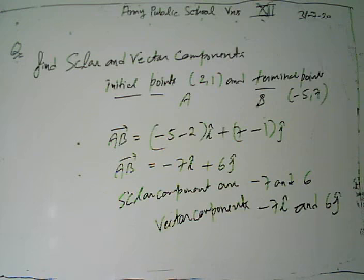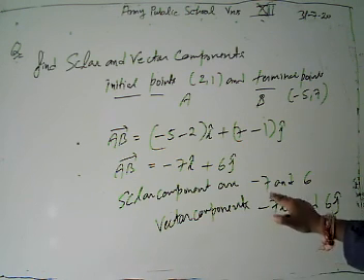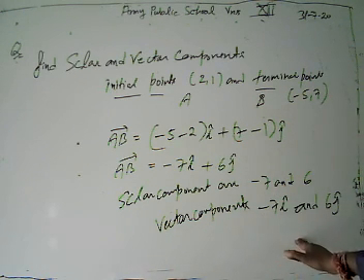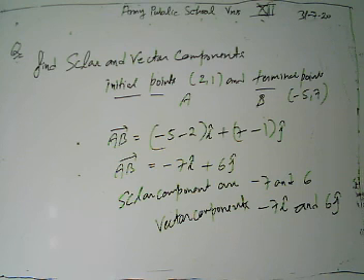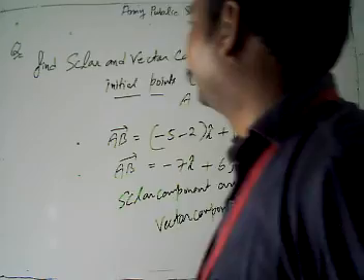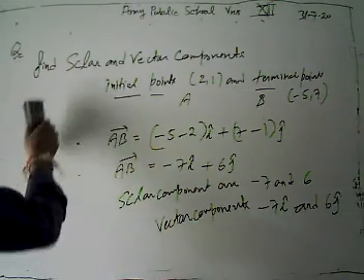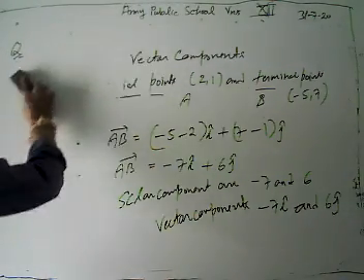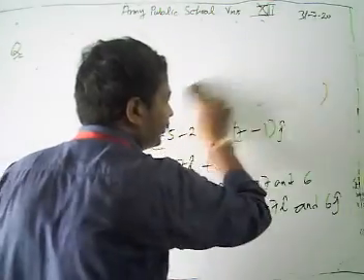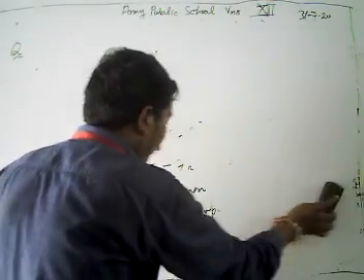We get our scalar components as -7 and 6, and our vector components as -7 i cap and 6 j cap. I hope you have no doubts till now, because we have solved some very basic problems.